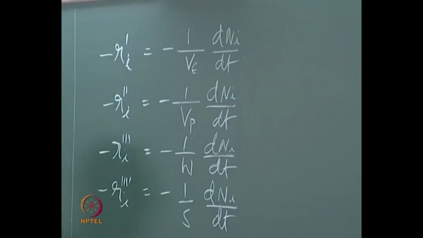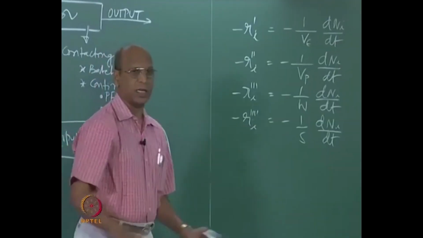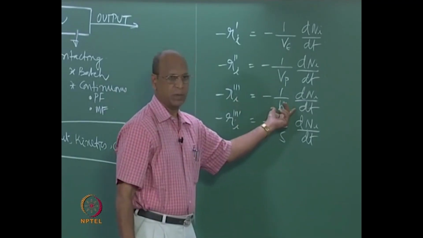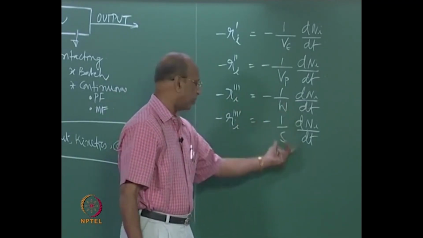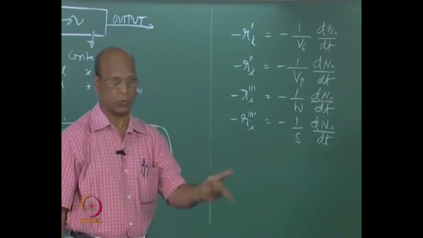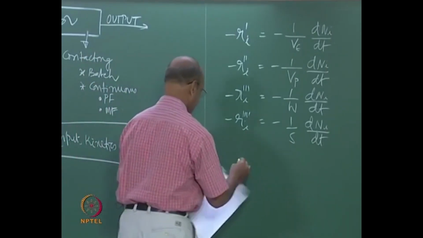Using this, I can now convert one rate into the other. That means if I know the rate based on W, the weight of the catalyst, then I can also convert that into per unit surface area, if you know the surface area, of course. So general expressions can be written here.